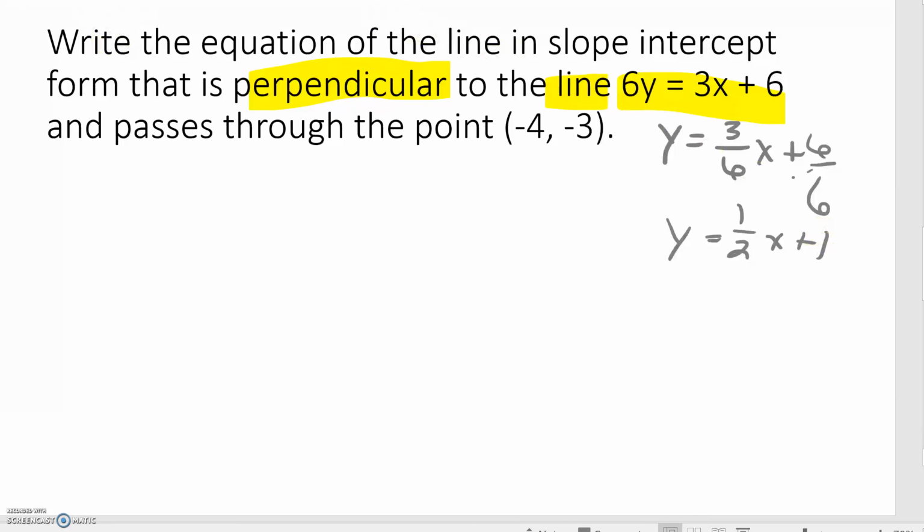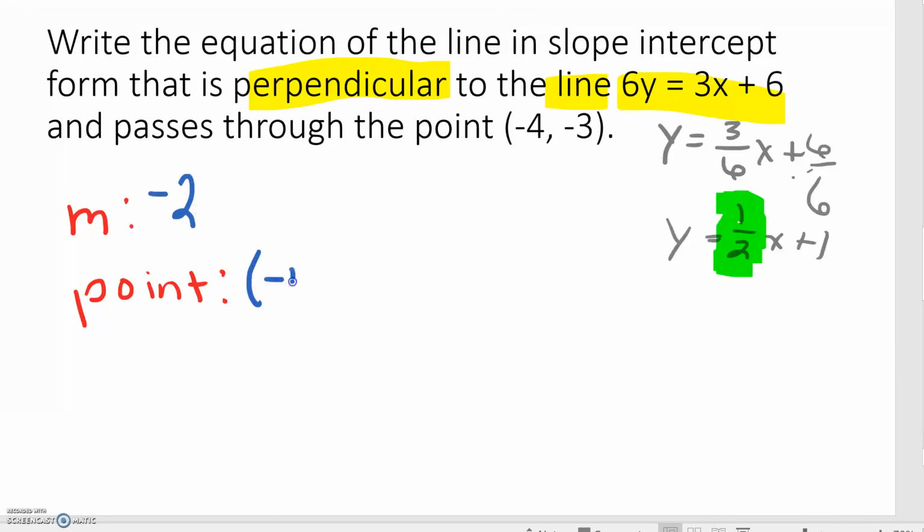Now, in order to write the equation of a line, I need the slope and a point. Our given slope is 1/2. So I need the opposite reciprocal of 1/2. The reciprocal of 1/2 is 2. The opposite would be negative.